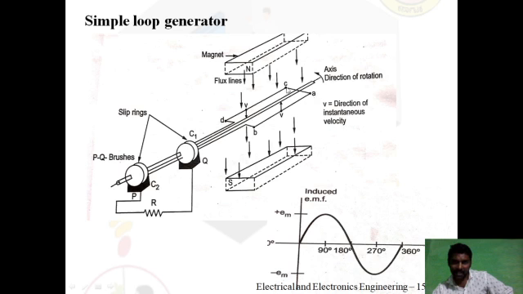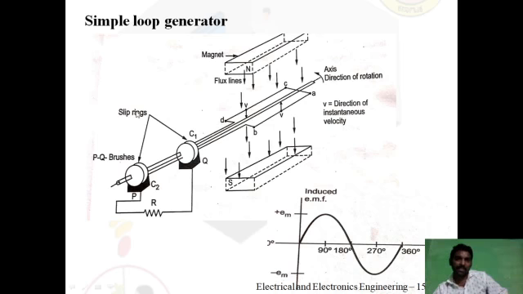You can observe A and C are joined. And at the front end, these two conductors are connected to slip rings. Here you can observe C1 and C2 are the slip rings. In some textbooks they refer to S1 and S2. Here C1 and C2 are taken, no problem with the notation.